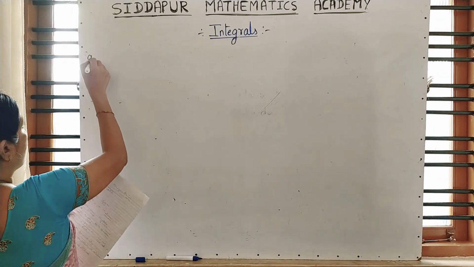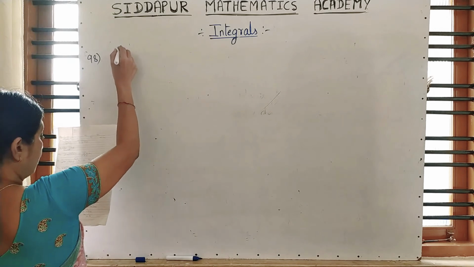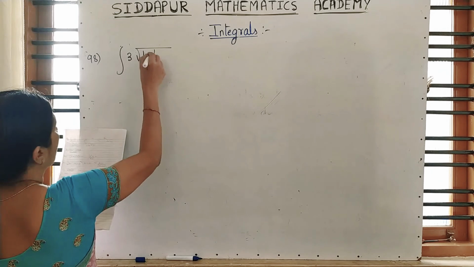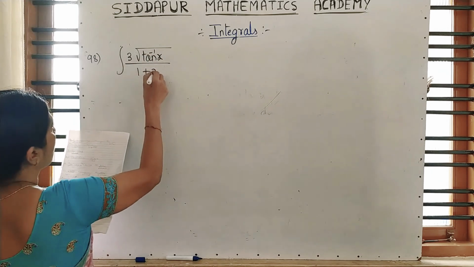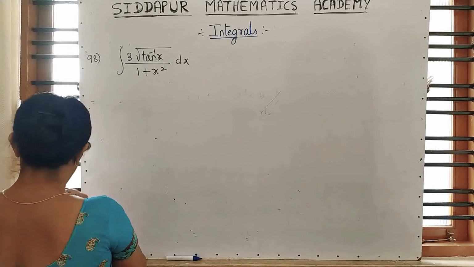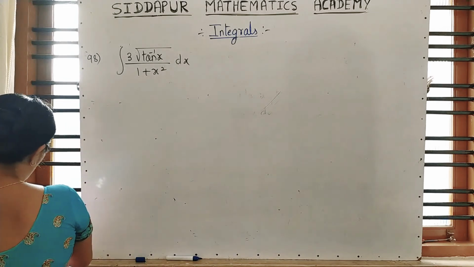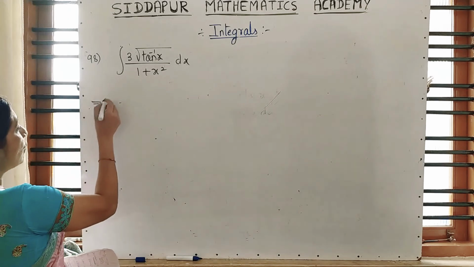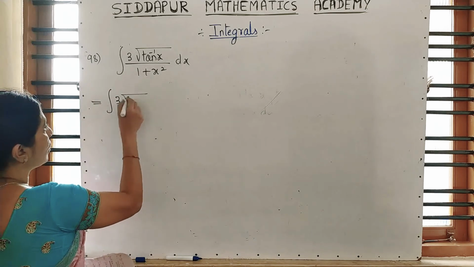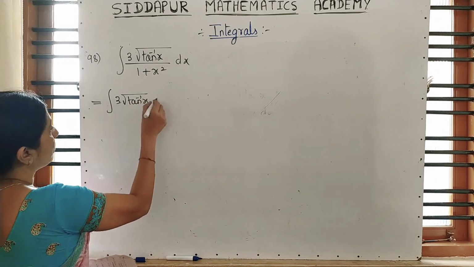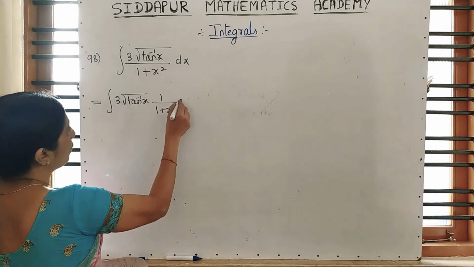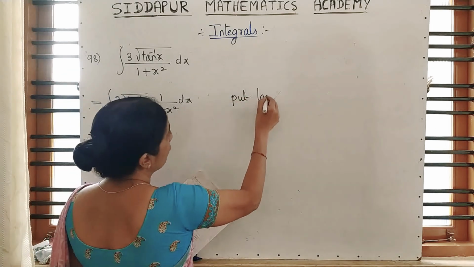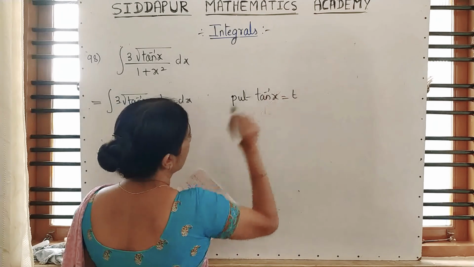So 98. Integration of 3 into root of tan inverse x upon 1 plus x square. We are familiar that in almost all fractions we write the denominator as t, but in a few examples it depends on the problem. For our convenience I wrote like this, and we are familiar with the differentiation. That's why I am writing tan inverse x as t.